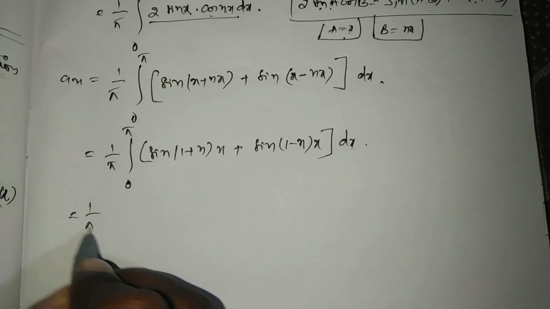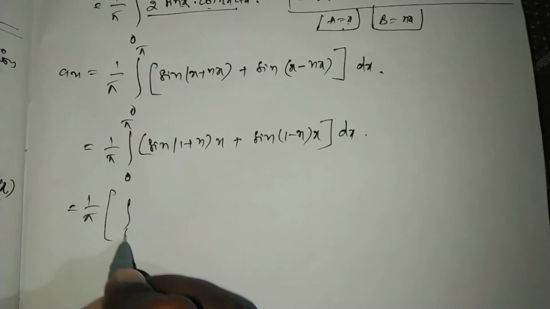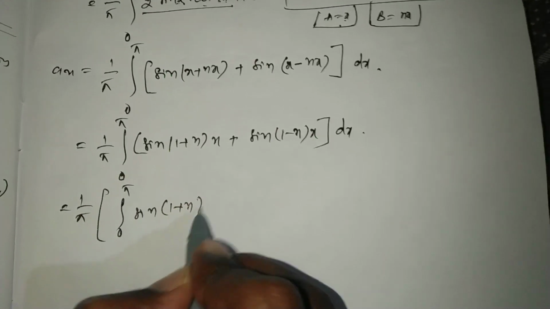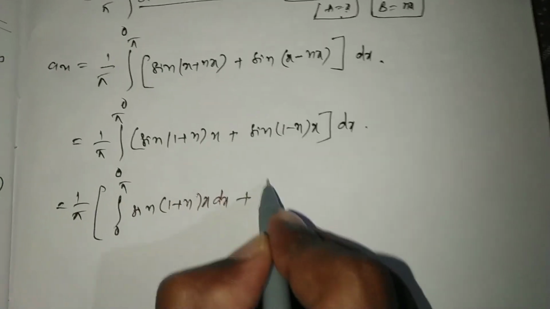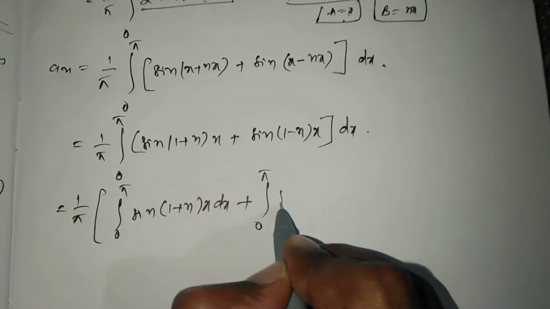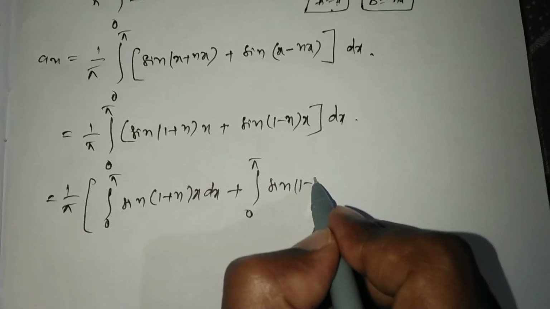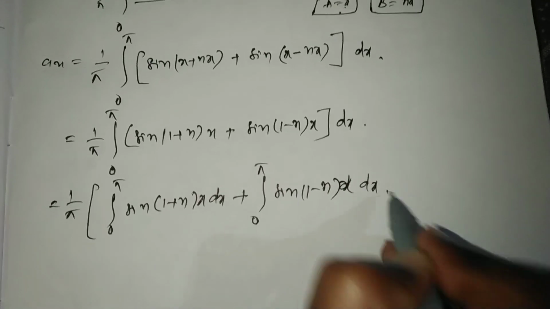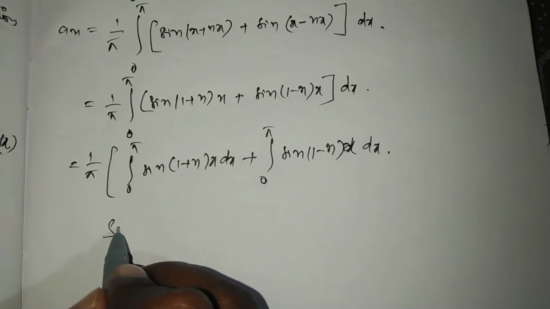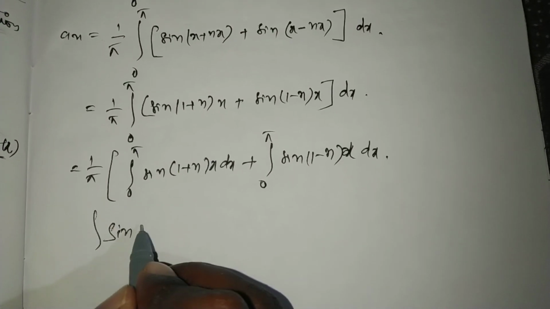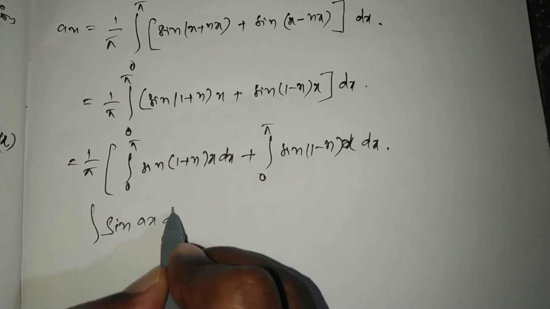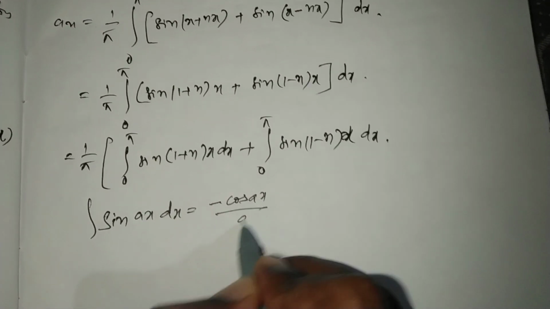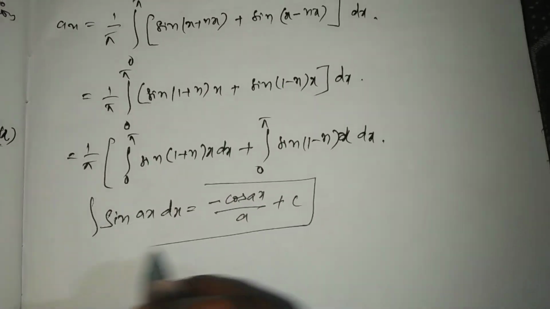That is equal to 1 by pi into the integral from 0 to pi of sine of (1 plus n) into x dx plus the integral from 0 to pi of sine of (1 minus n) into x dx. We know that the integral of sine ax dx is equal to negative cos ax by a plus c.